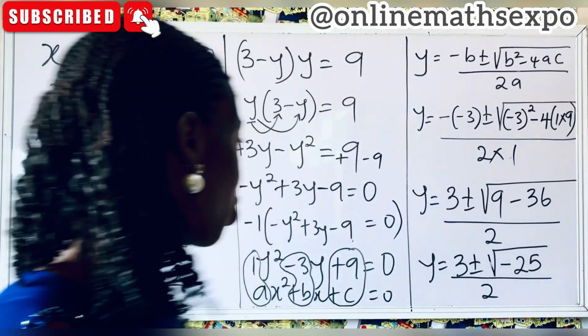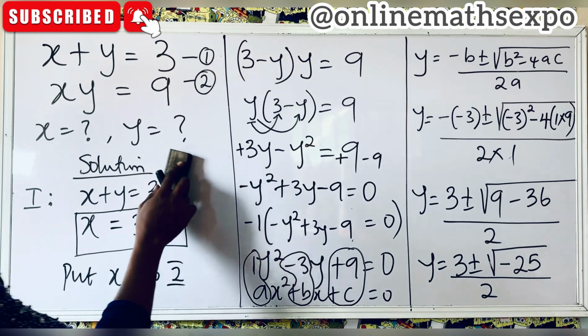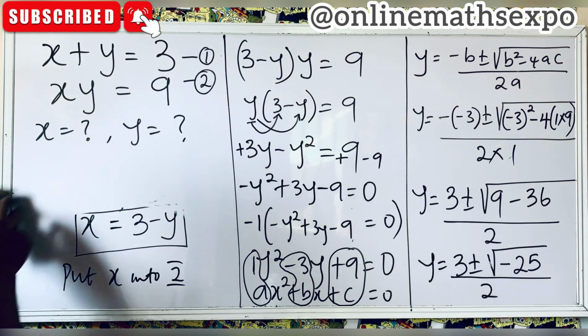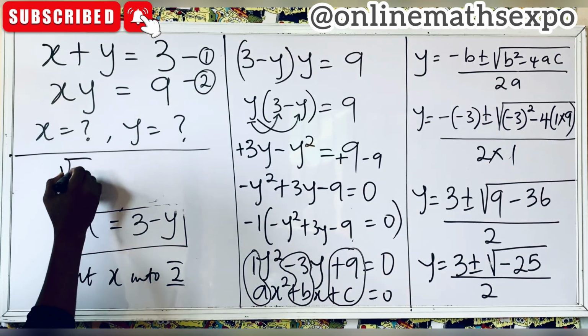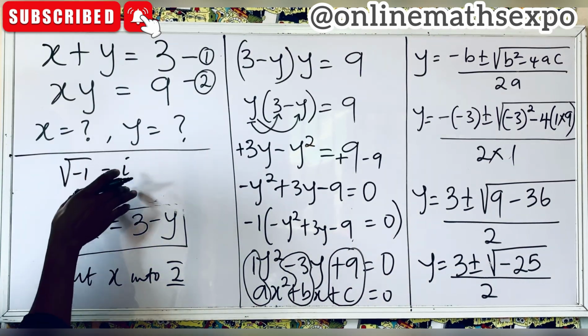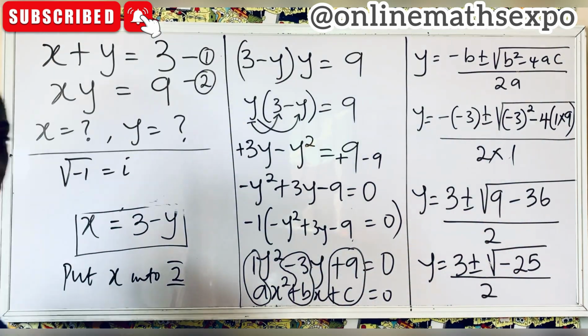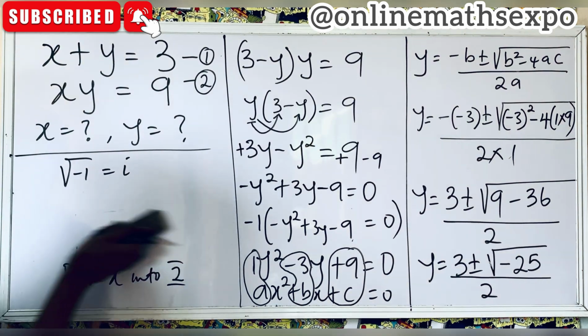And in that case, let me show you what you would do when you have such a question. Remember your imaginary unit, which is the square root of -1, is i. So we're going to replace it here. If you do that, see what you're going to have.